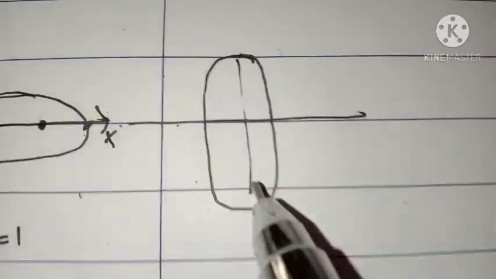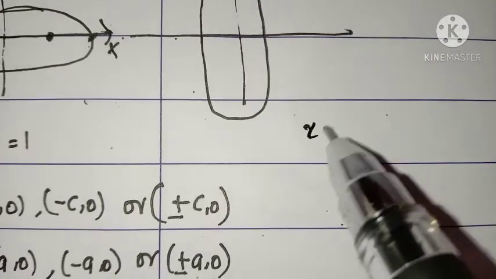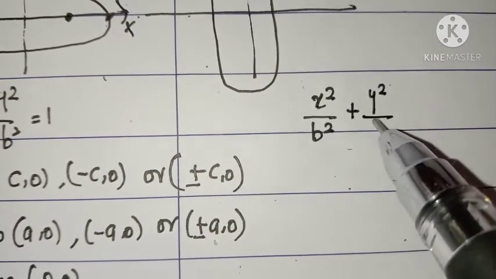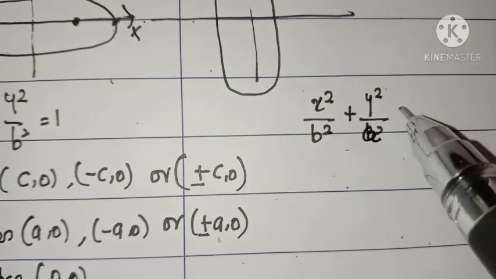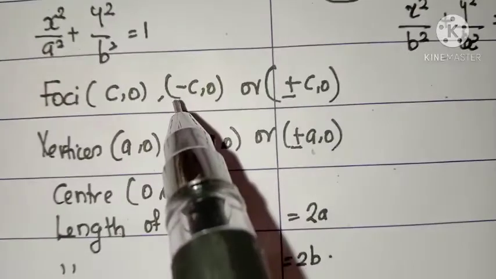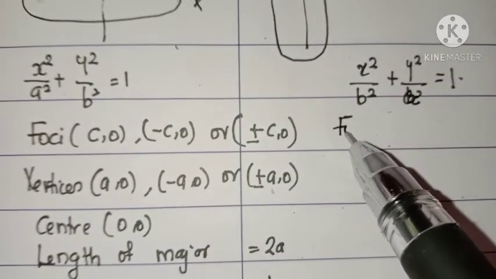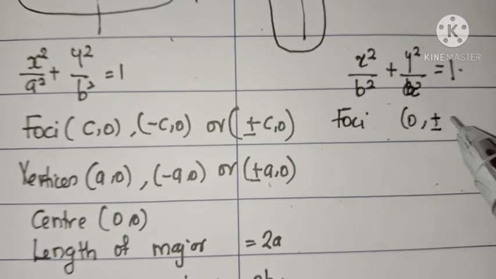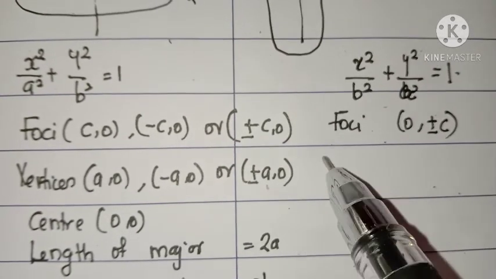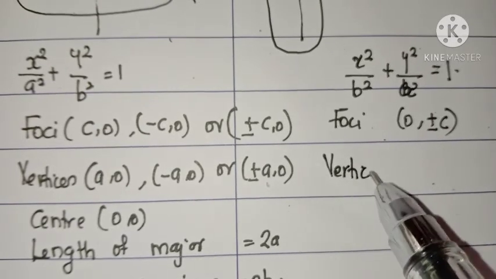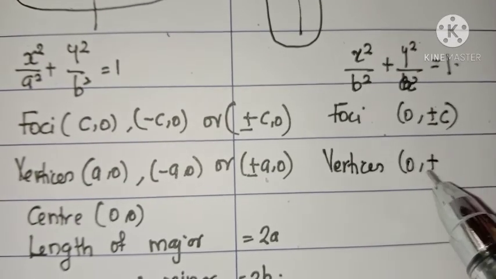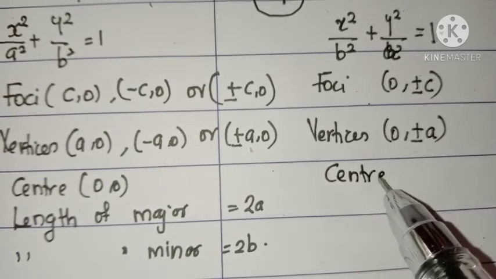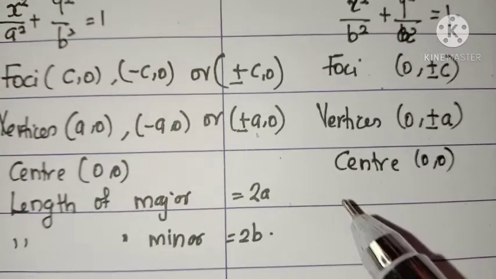Now in the other orientation, the standard equation becomes x square by b square plus y square by a square equal to 1. Here, see the difference: the foci are 0, comma, plus or minus c. The vertices are 0, comma, plus or minus a. The center is the same, 0, 0.